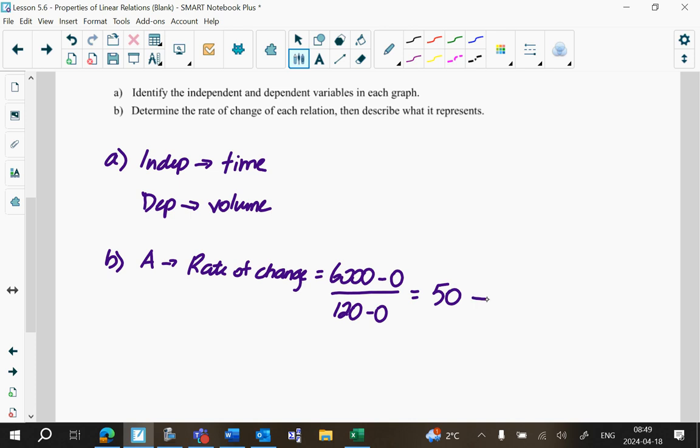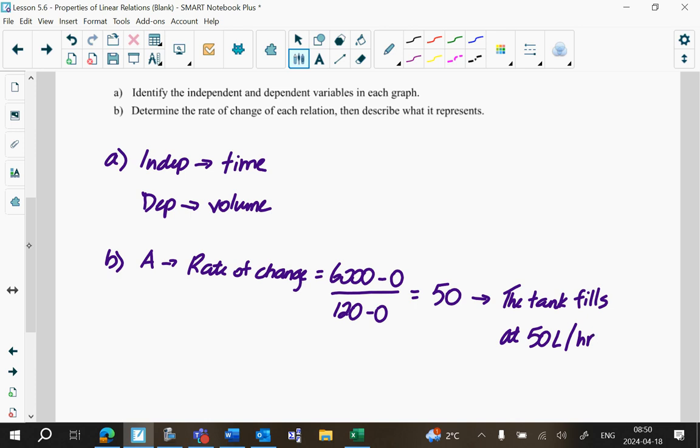So we would say the tank fills at 50 liters per hour. That would be describing. When you get a rate of change question, you will usually be asked to describe what your answer means.